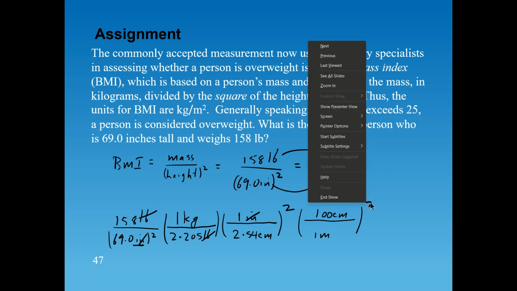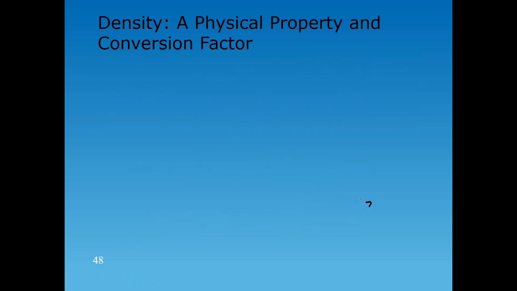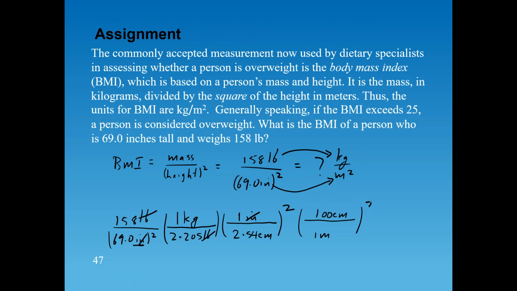And again, I'm going to put squared because you want this centimeter squared unit to cancel out with this centimeter squared unit, right? So you'll be left with a meter squared down here. So whatever your final answer is going to be, it's going to be expressed in kilograms above the meter squared unit, all right? So the next thing we need to do here is our number crunching.